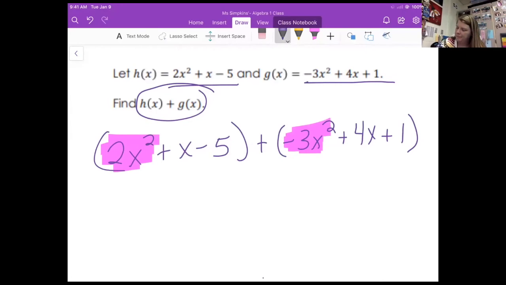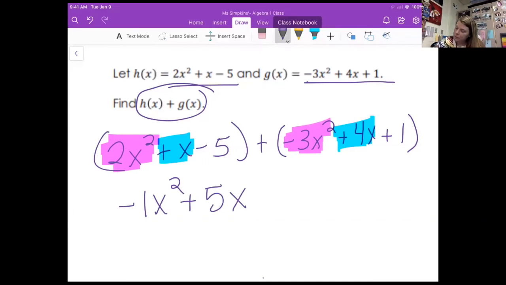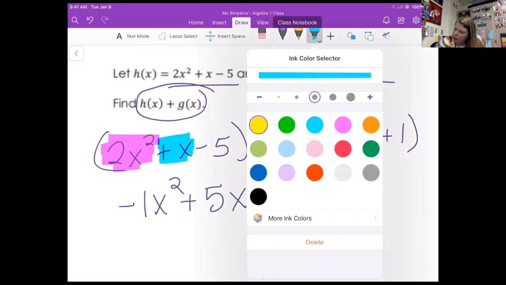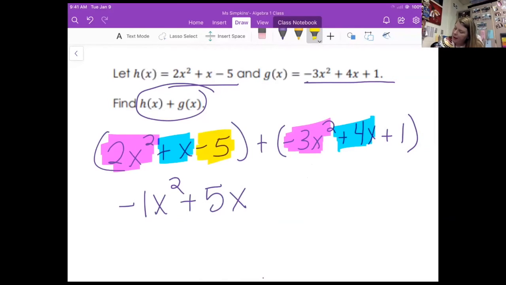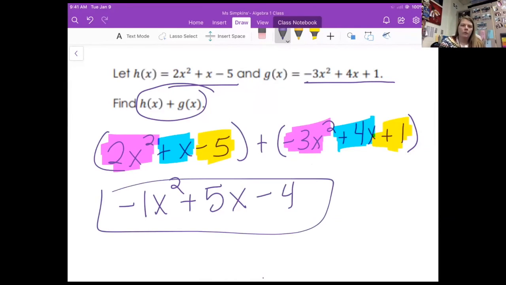What would that be? Negative 1x squared, good. We can also combine 1x plus 4x. That would give us 5x. And then our constant terms would be negative 5 plus 1, which would be negative 4. And that would be all we could do there. We can't combine anything else.